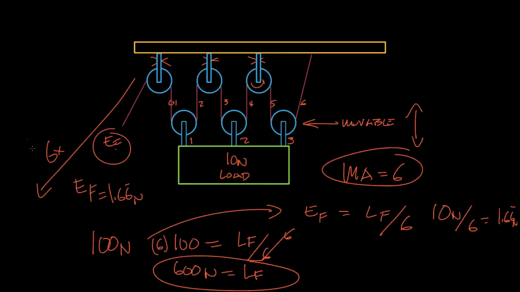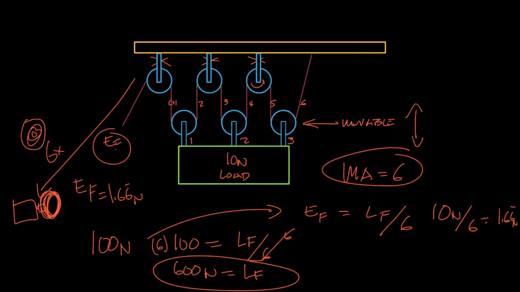So they could have a smaller motor that can't lift quite as much, let's say a motor that can lift maybe 100 newtons. But that motor can wind up as much string as it wants on its spool. So it can wind up all of that extra 6 times string and lift loads that are way more heavy than it could normally lift without the simple machine. And that's why we use these things.